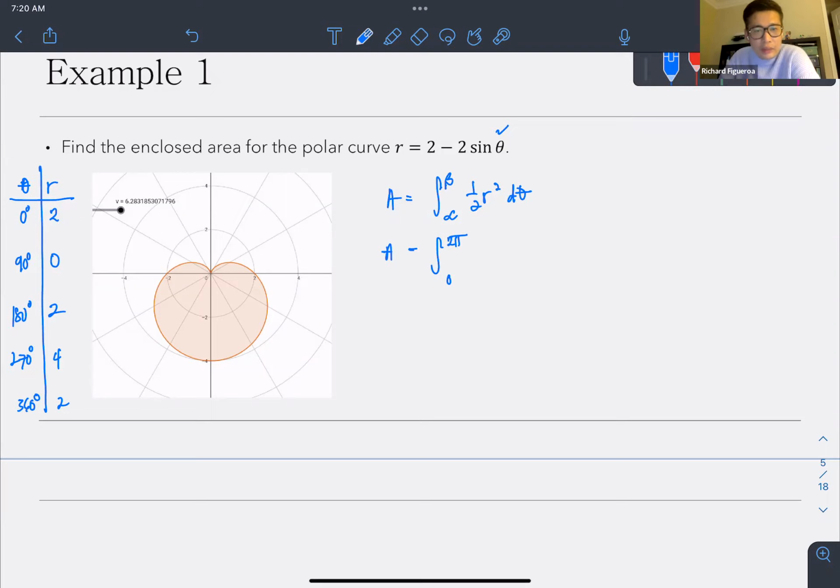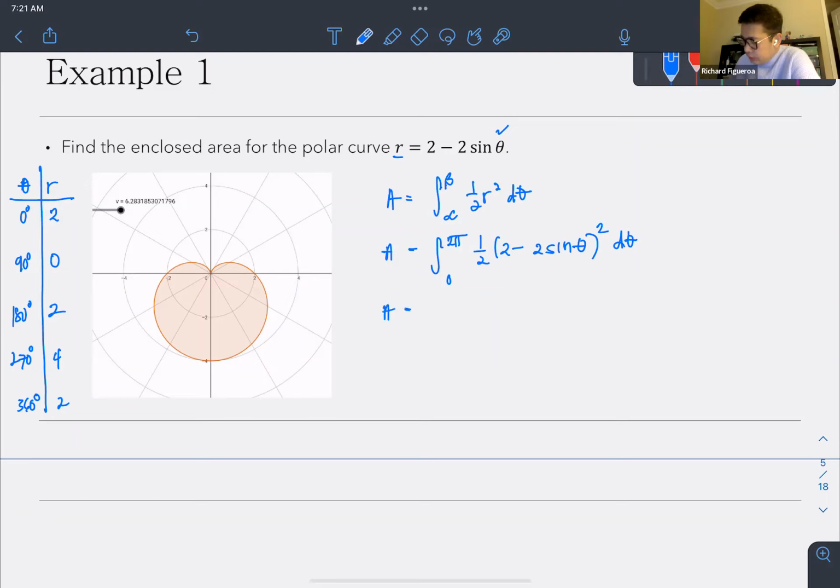That means for one complete revolution, we'll form the entire cardioid. So r squared will be 2 minus 2 sine theta, squared. So 0 to 2 pi, 1/2, 2 minus 2 sine theta squared d theta.